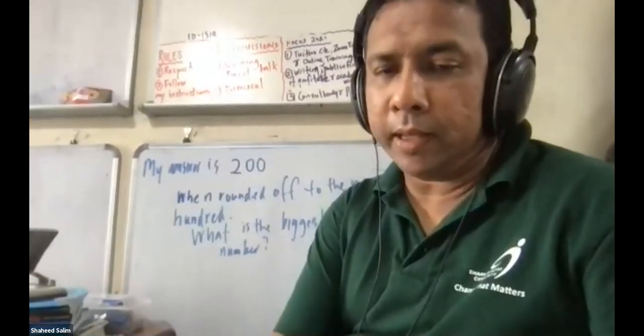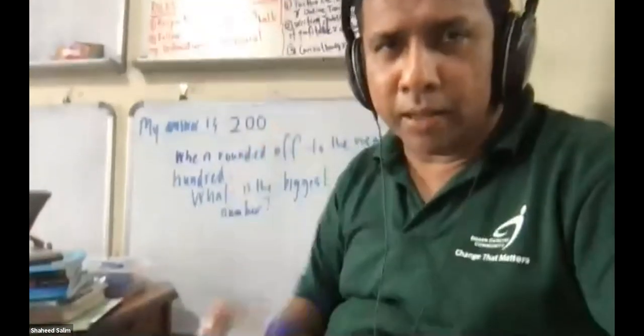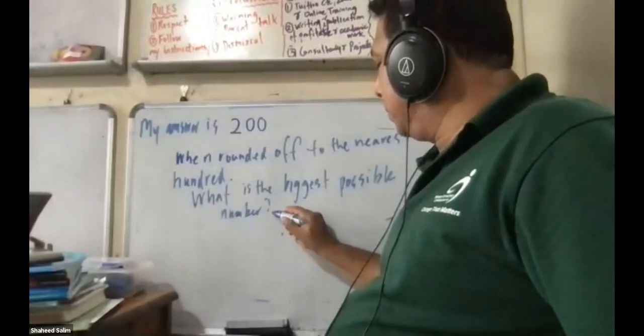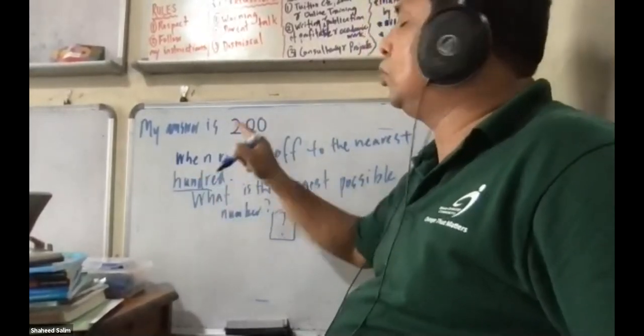Okay, we go step by step. Down here, I have a number. This number, I do not know what the number is. But when I round off to the nearest 100, it becomes 200.